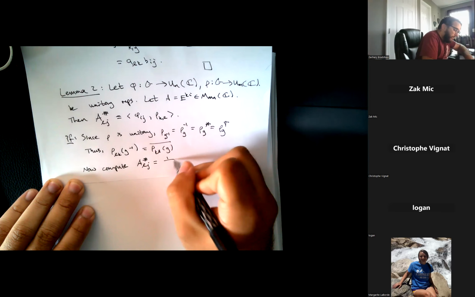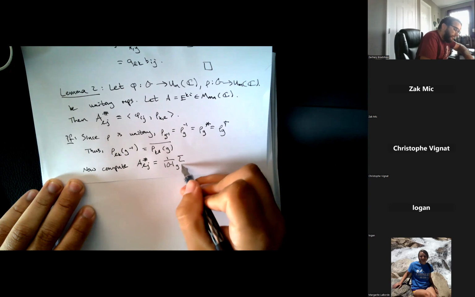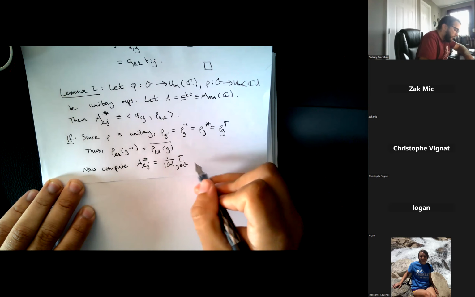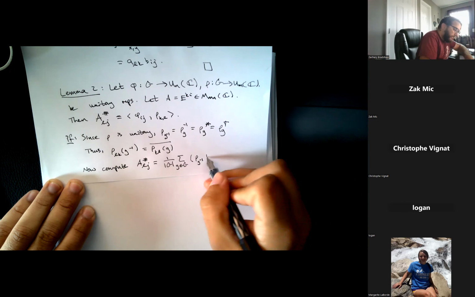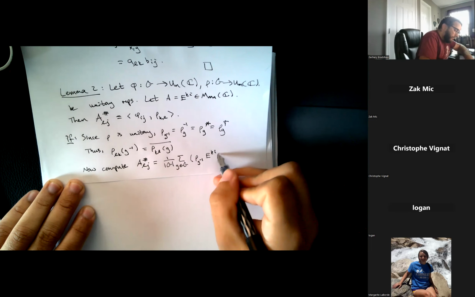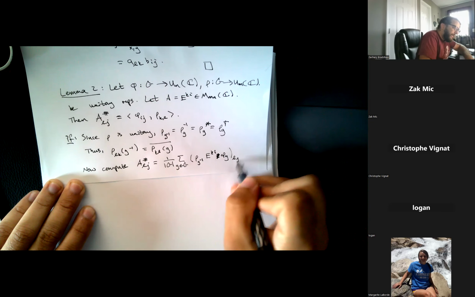So this is 1 over the order of G times the sum over g in G of rho(g inverse) E_KI phi(g), the LJ component.